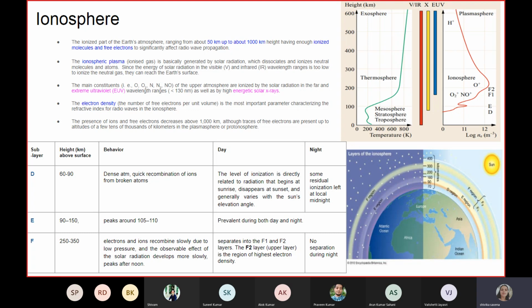The energy of the solar radiation in the visible and infrared wavelength ranges is too low to ionize the neutral gas, hence it can reach safely to the Earth's surface.